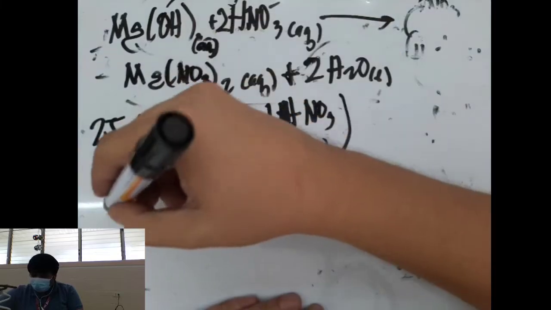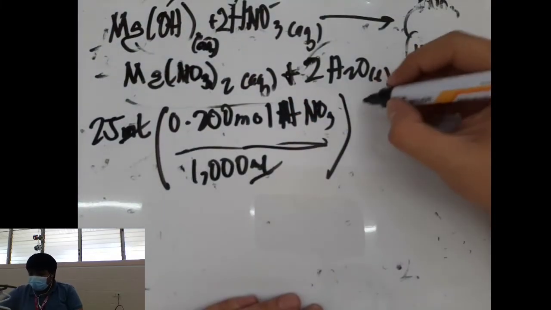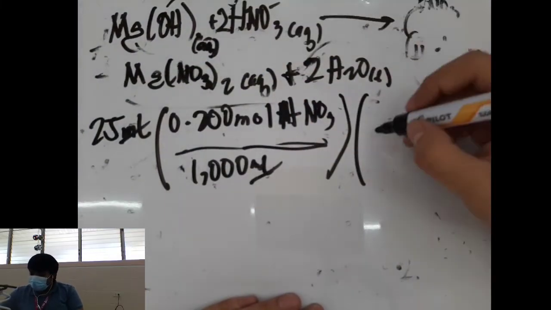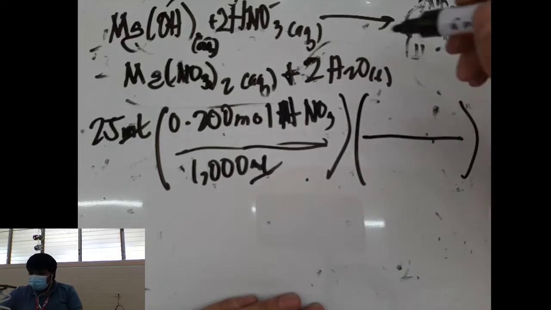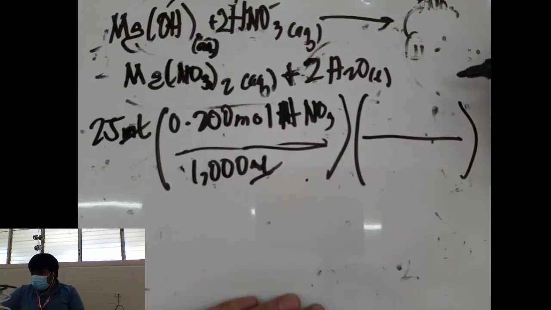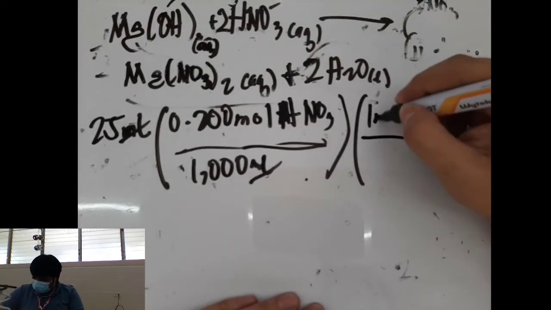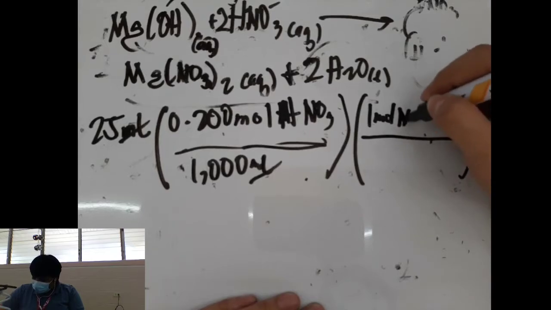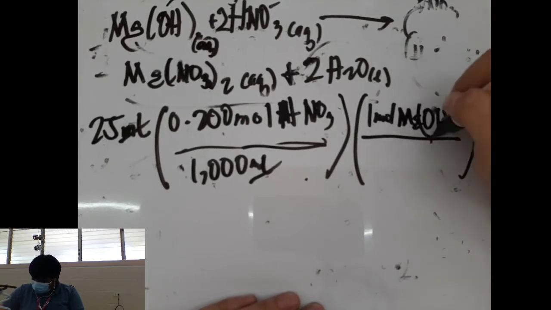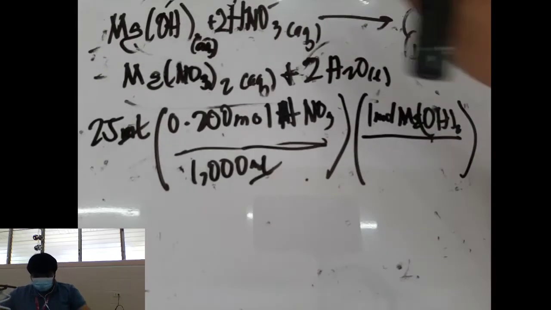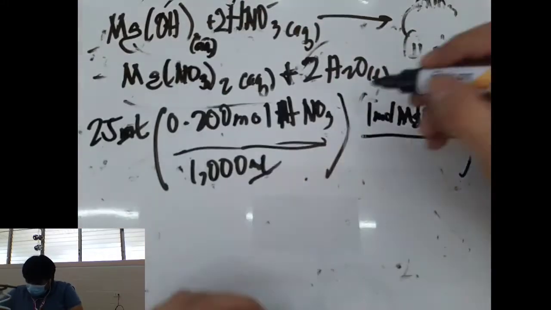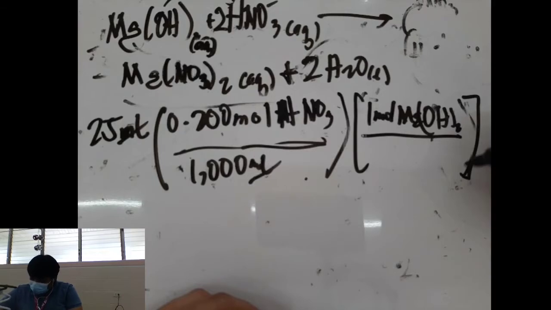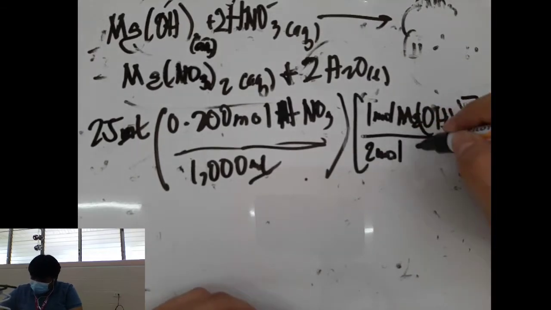Multiplying this will give you the moles of nitric acid. Based on the balanced coefficients in the chemical equation, we can convert these moles of nitric acid to moles of magnesium hydroxide. So 1 mole of magnesium hydroxide equals 2 moles of nitric acid.